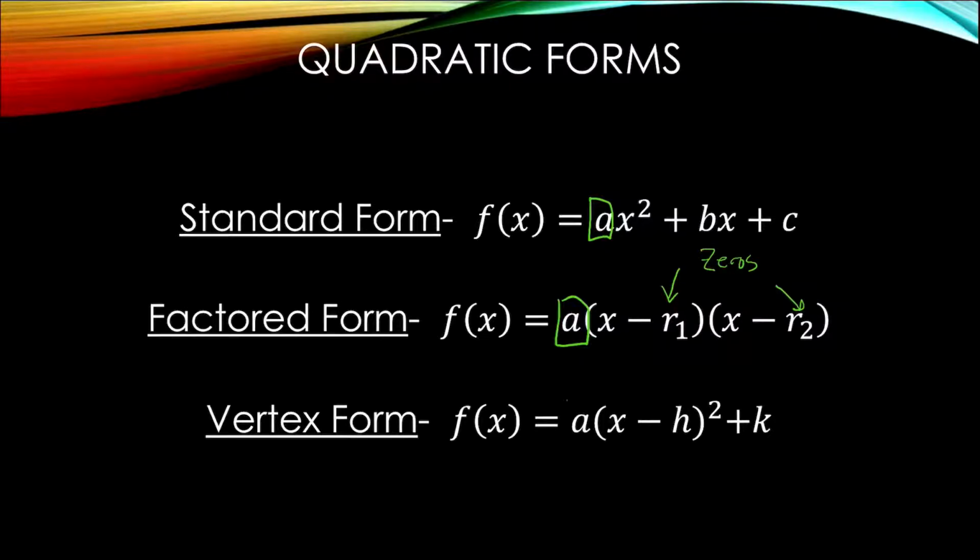In vertex form, there's that a again, and that's going to help us determine some things we're leading up to: a times x minus h squared plus k. Just a little sneak preview here. This is going to be the vertex of the parabola. We're going to say the vertex is (h, k). Notice negative h here, positive h down here.